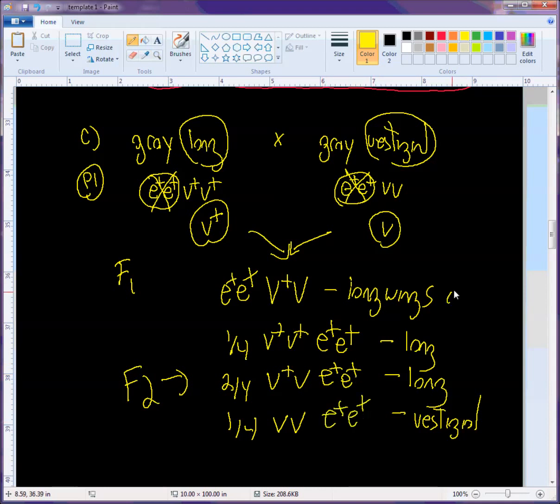So long wings and gray body, and all of these, long and gray, vestigial and gray. So the shortcut here is to realize that 2 E plus alleles in both flies means you can pretty much ignore it and treat the cross as a monohybrid cross, which is a lot easier to solve than a dihybrid cross.